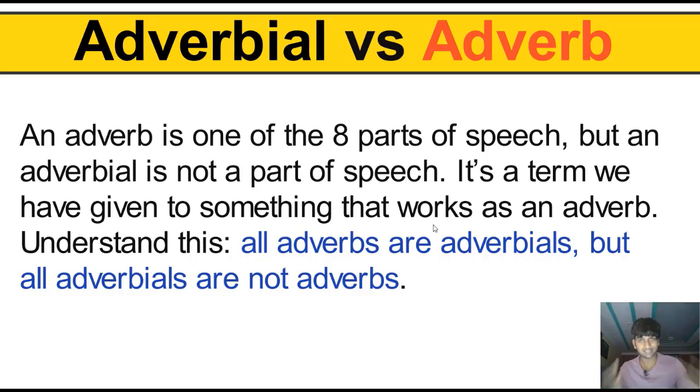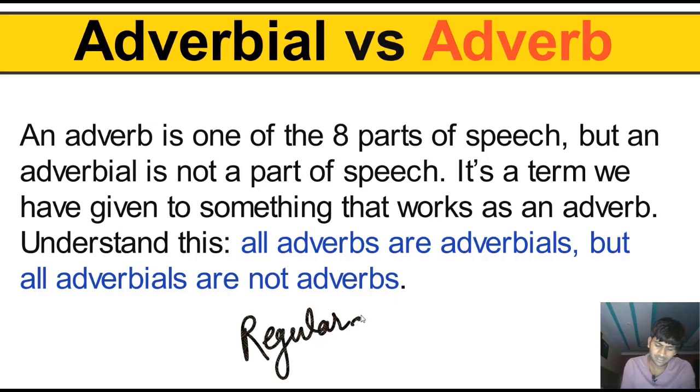Now that could be a regular adverb, right? A regular adverb functions only as an adverb, but that is also an adverbial because it's functioning as an adverb. If it's not a regular adverb, if it is a prepositional phrase or an infinitive phrase or a dependent clause, but functioning as an adverb, we'll call it an adverbial.